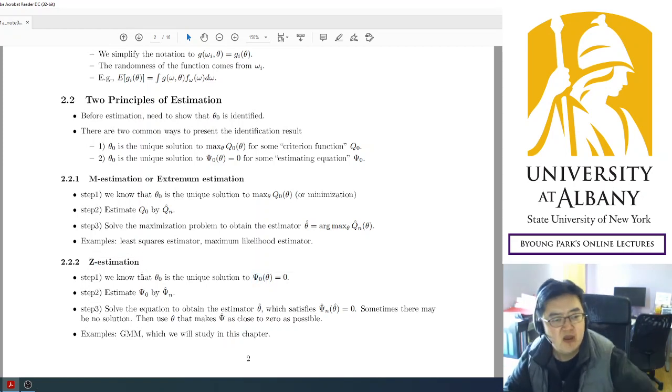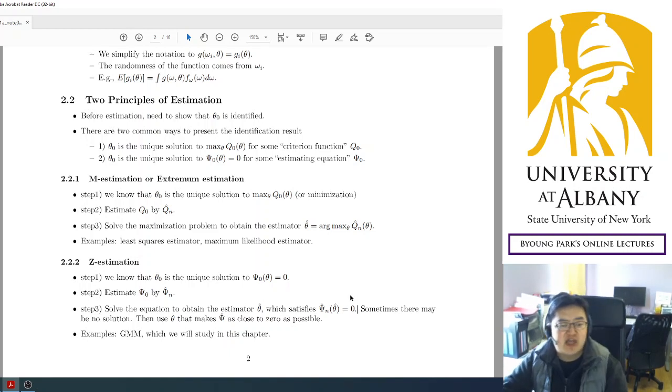So we know that the theta is identified as the unique solution to psi equals 0. And then what we do here is estimate psi using the data and solve it. Solve this equality. Then the solution from the data is your estimator.